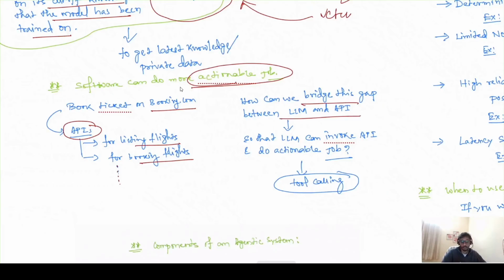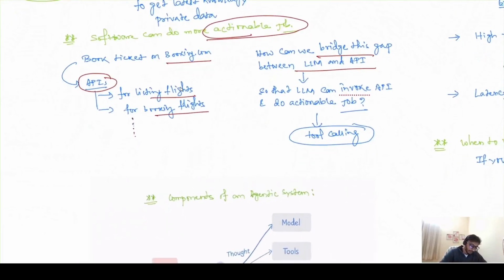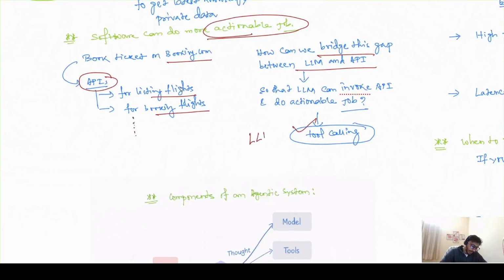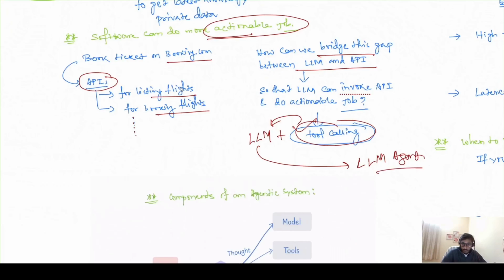So the LLM also can invoke these APIs and do some actionable jobs. Here the concept of tool calling comes in. Let's say you have an LLM; when you associate tool calling with the LLM, then this LLM becomes an LLM agent, because using this tool calling, it is now able to perform some actionable tasks.